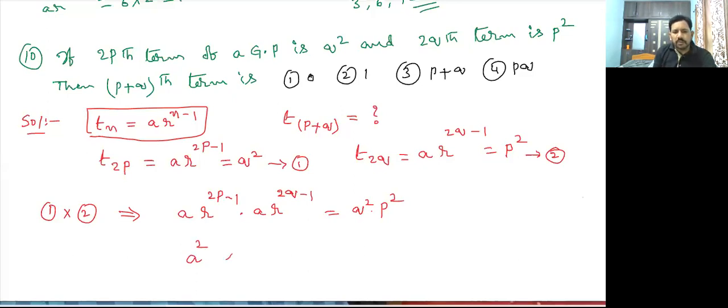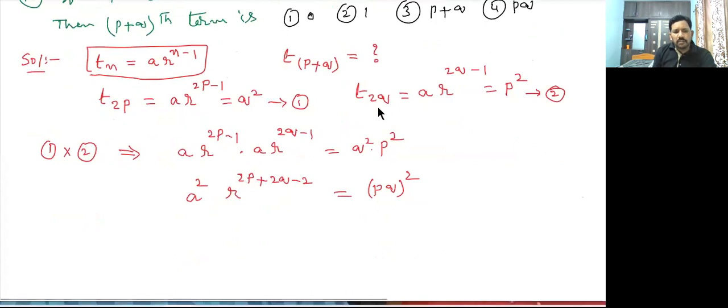Bases are equal, so powers should be added, we get 2p plus 2q minus 2, that is equal to pq whole square. Now observe this step: a into r power, here 2 take common, remaining p plus q minus 1, whole square.